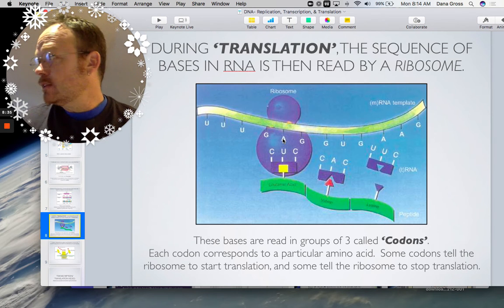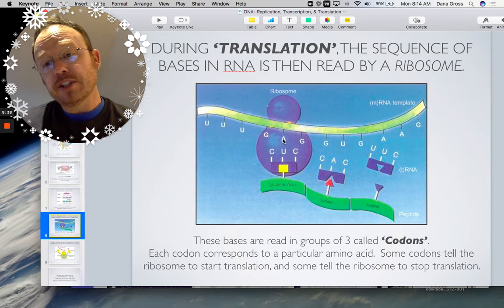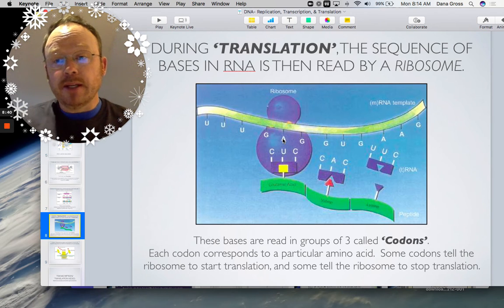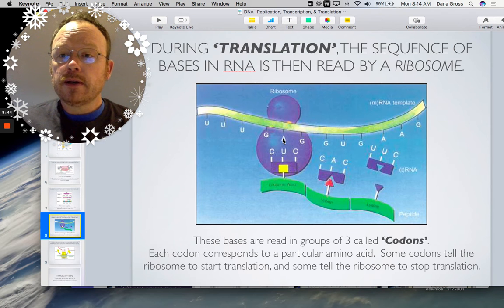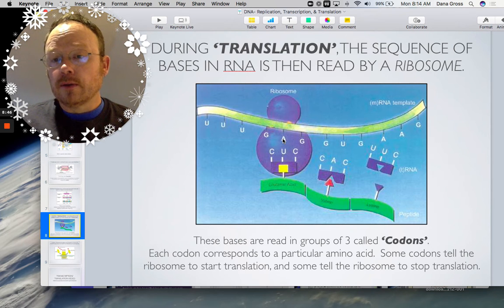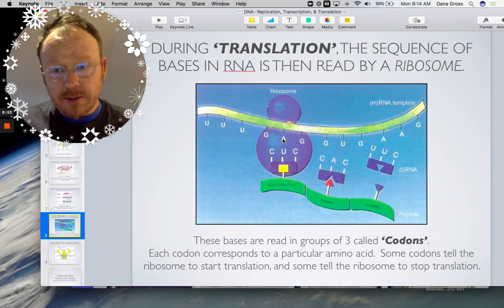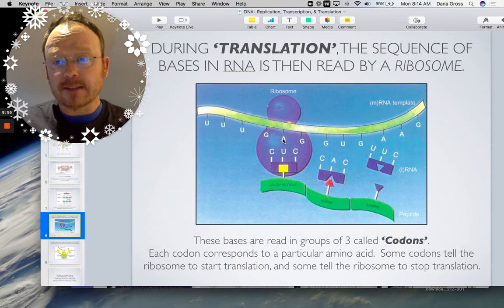That's one of the reasons why, if you are a vegetarian, you need to be sure you're getting the right balance of food so that you get all 20 amino acids in your diet. There are easy ways to do that, but if you eat meat, you are getting all 20 amino acids.